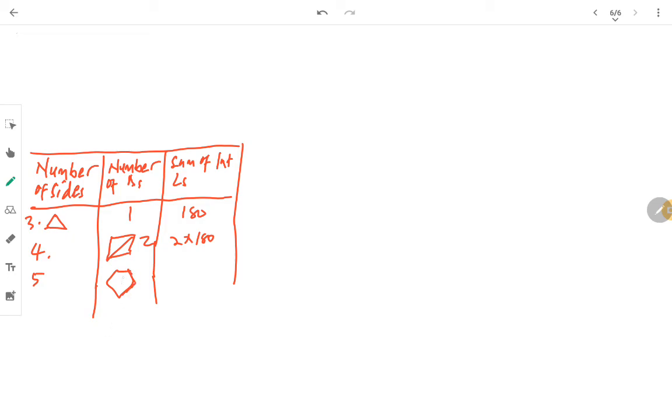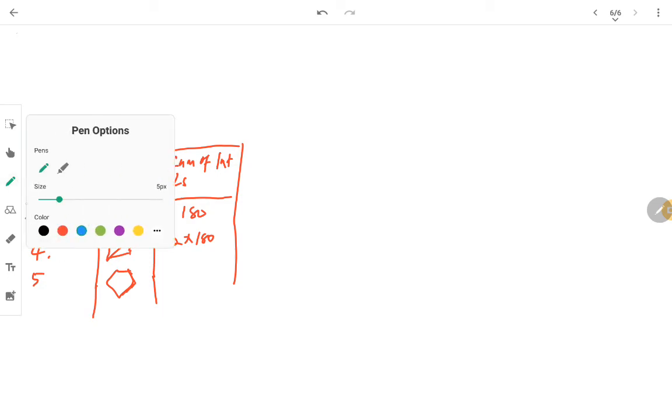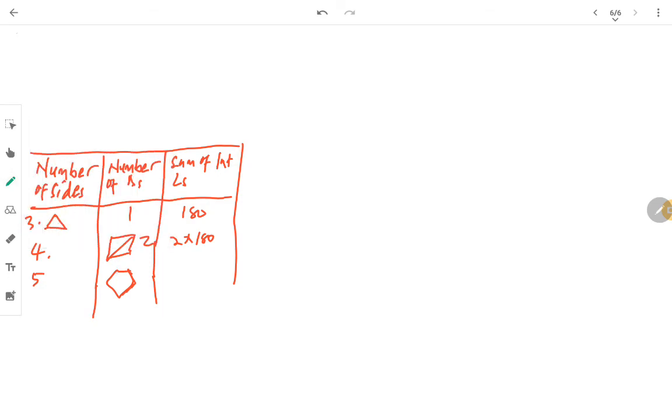So you find out that this can be divided into 1, 2, 3 triangles. This can be divided into 3 triangles. So this is 3 times 180.